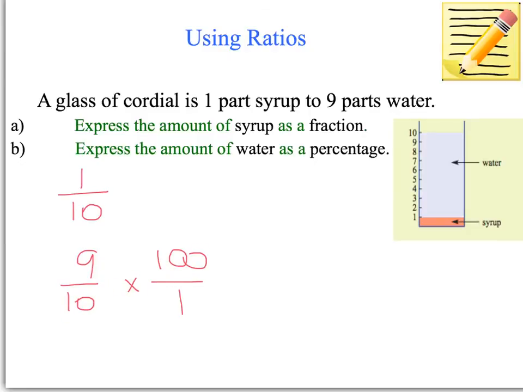Because 10 will go into 100 and into itself. So 10 tens are 100. So 9 times 10 is 90 over 1, which equals 90%. Okay, so just don't forget, when you're looking at different parts, you need to add up all those parts to get the total number of parts when you're working with ratios.